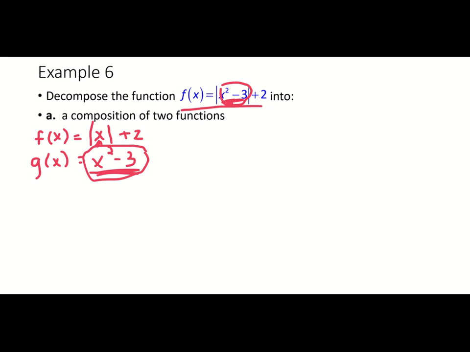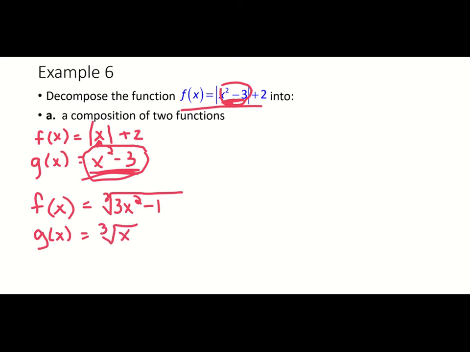Let's look at f of x. So the original function is f of x equals the cubed root of 3x squared minus 1. And I want it into two different functions, a composition of 2. So again, we have the cubed root of 3x squared minus 1. Make it easy on yourself. I'm going to use two different names, but g of x, make it the cubed root of x.